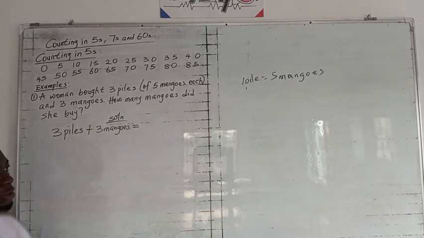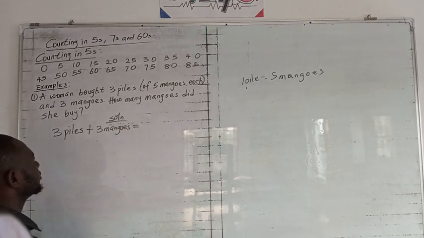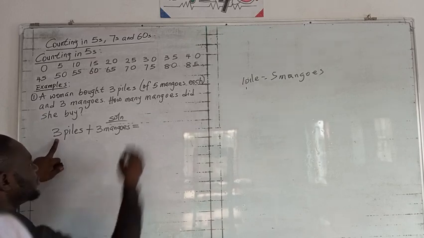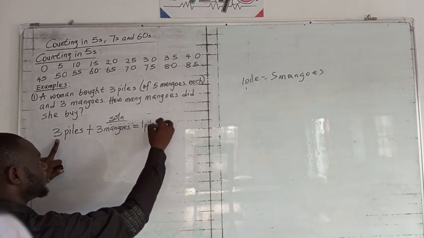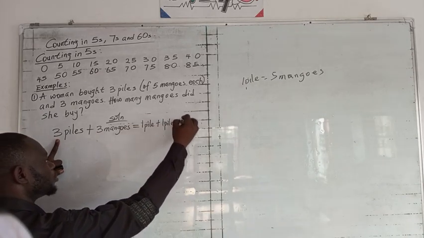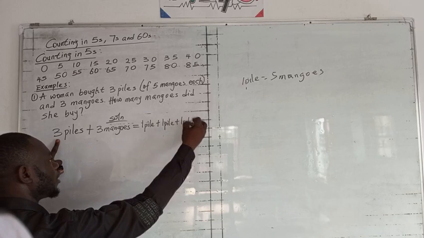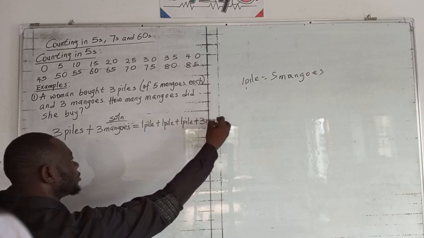What does it mean? Remember, this is 3 piles, right? We can separate them to be 1 pile plus 1 pile plus 1 pile plus 3 mangoes.